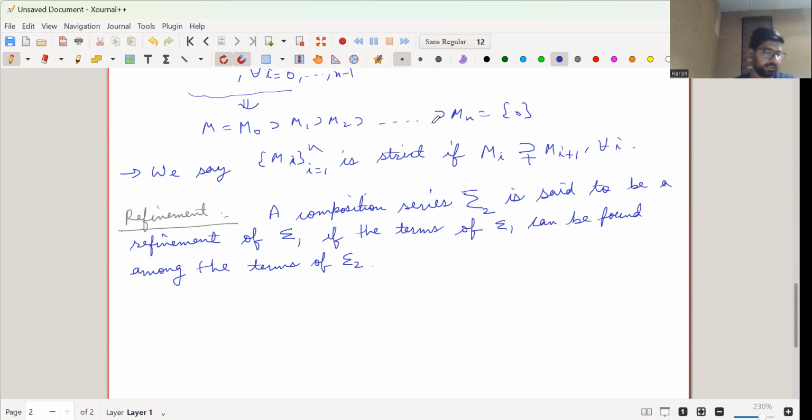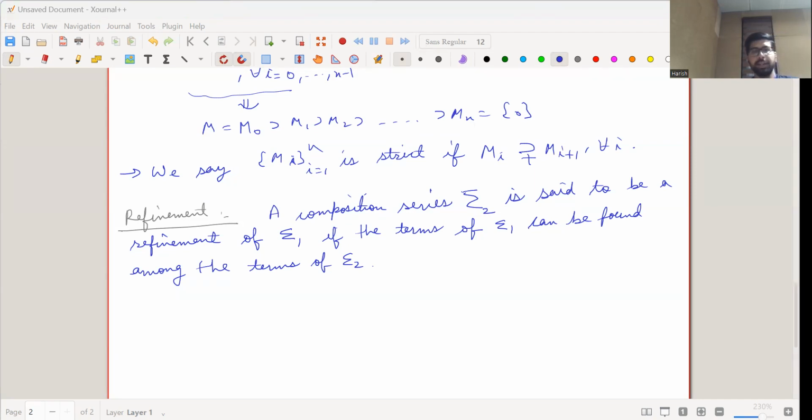Sir, why do we need refinement when the composition series is already there? Is there any relation? Yes. So see, in general we may take m to be m naught and m1 to be 0. Just a composition series with two elements we can have, but that won't be of much use.